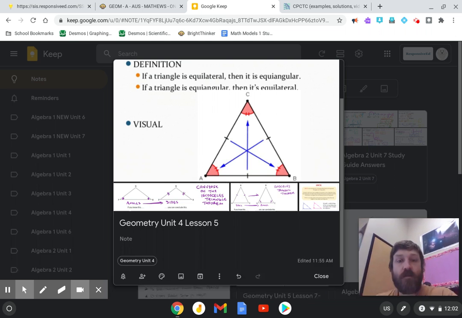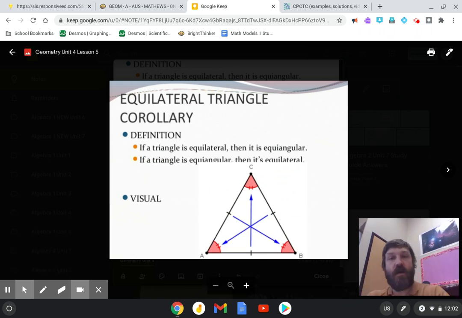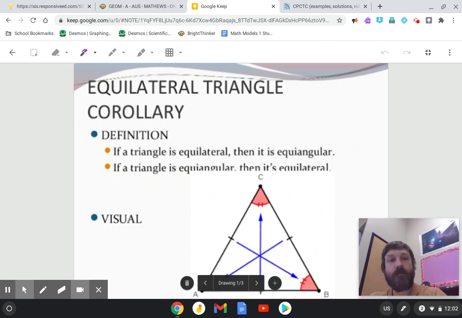Okay, so the next and kind of the final two are what we call corollaries. A corollary is anything that is a natural outgrowth of another theorem in geometry. And so this one just takes what we know about isosceles triangles and expands it to include equilateral triangles.